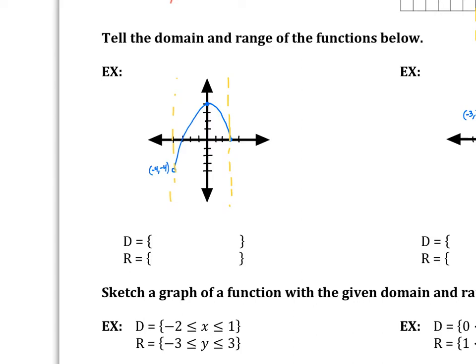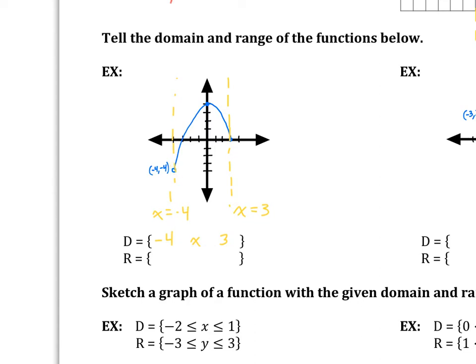Now, what are those x values? Well, here we get x equals -4, and here we get x equals 3. Okay, so I know my domain is going to go from -4 to 3, but now we need to figure out the inequality symbols in between. So what we should notice is at this point here on this wall, we have an open circle.